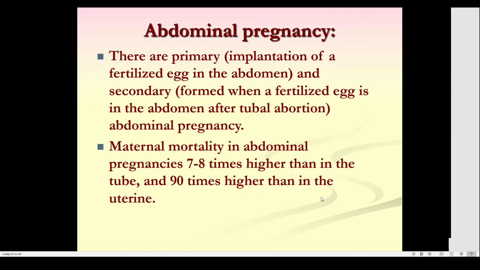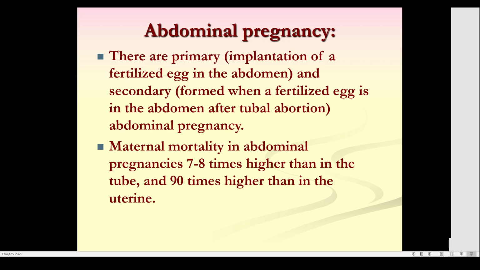Next type of ectopic pregnancy is abdominal pregnancy. It may be primary or secondary abdominal pregnancy. Primary is implantation of a fertilized egg in the abdomen, and secondary is formed when fertilization happens in the tubes, but this egg comes into the abdominal cavity after tubal abortion.